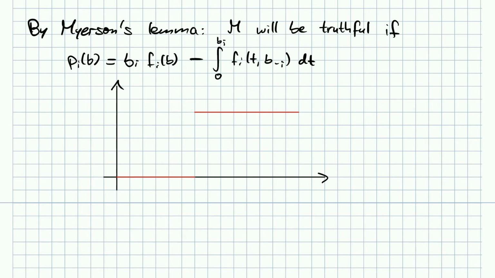Now, how big will the payments have to be? This is exactly the area above the curve. So for example, if you're bidding this much here, where this is b_i and this is f_i(b_-i), here we'll have 1. If you're bidding this much, then how much will you have to pay? You'll have to pay exactly this area here.